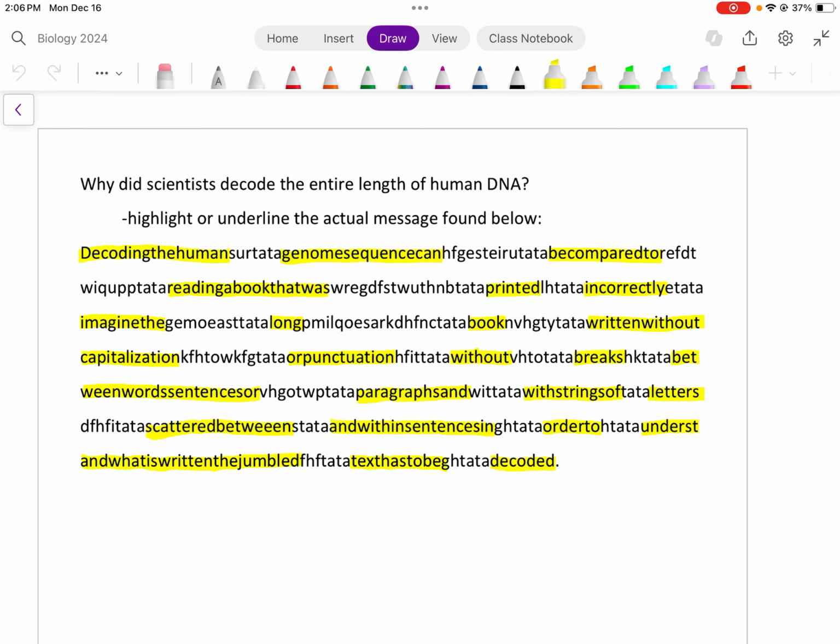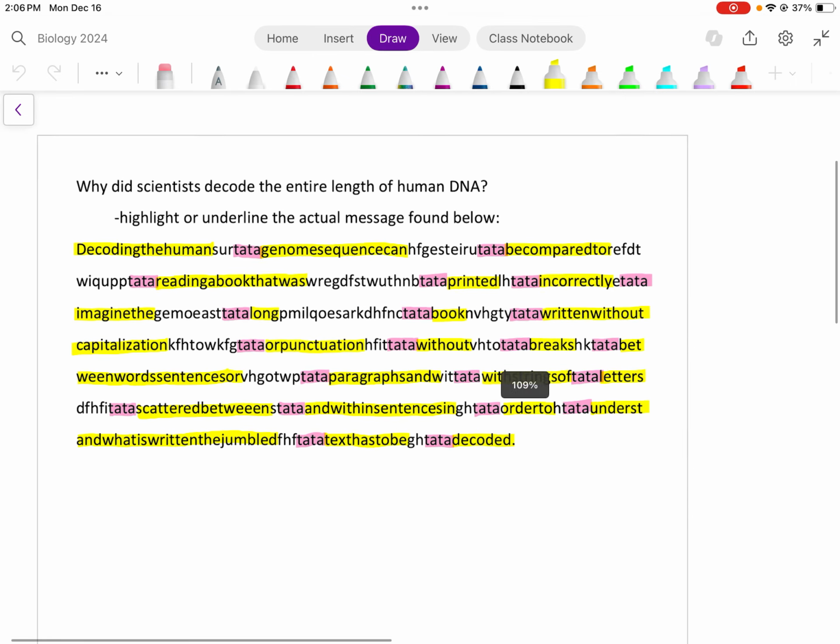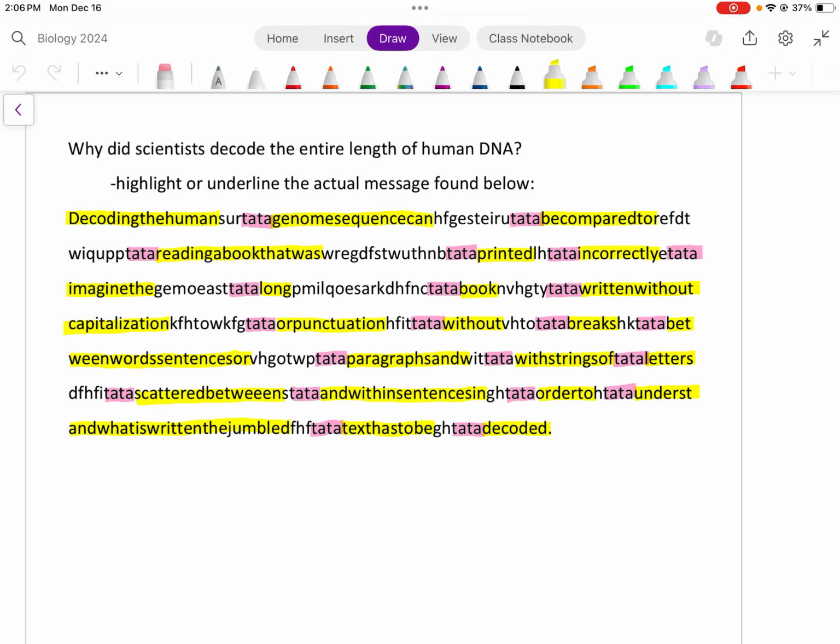But there's one other thing that some of you may have picked up on that I want to show you, and I've got one more copy of this. How many of you noticed what I've got highlighted in pink? In front of anything meaningful, there's some DNA, TATA.